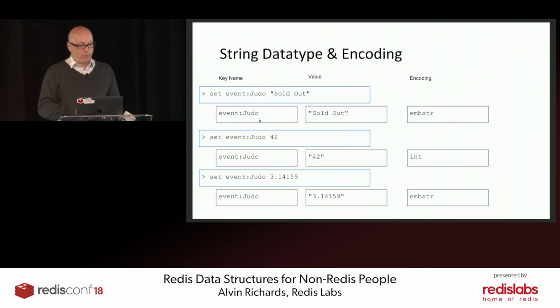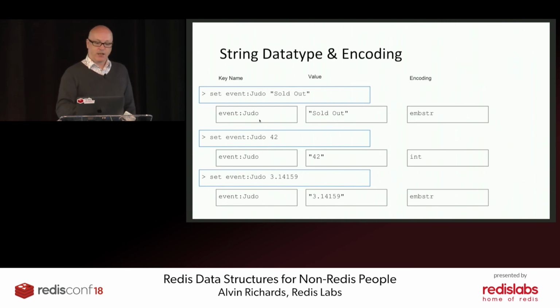Okay, so we've now got a key and we can put a data value in there. So I've got 3 examples here of putting sold out, 42, and 3.14159. So the key thing about Redis is it allows for polymorphism. Things can change over time. It's also schemaless. So you can see that in this first example, I set the key to sold out.